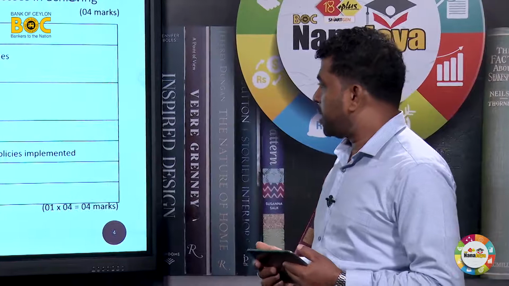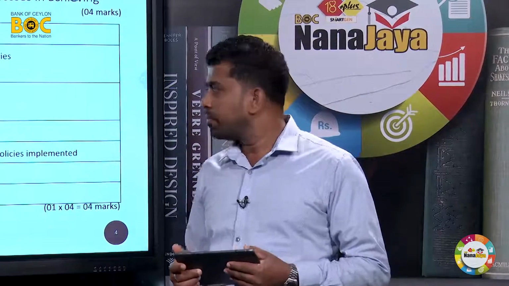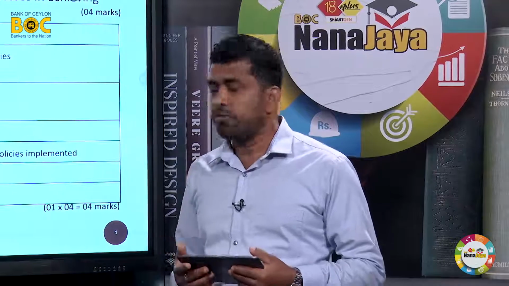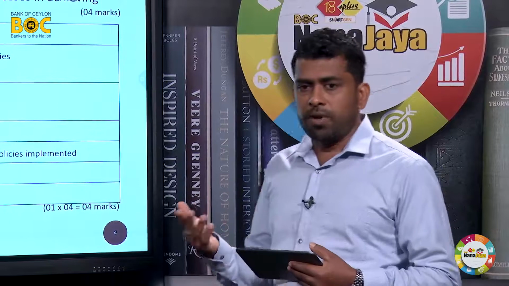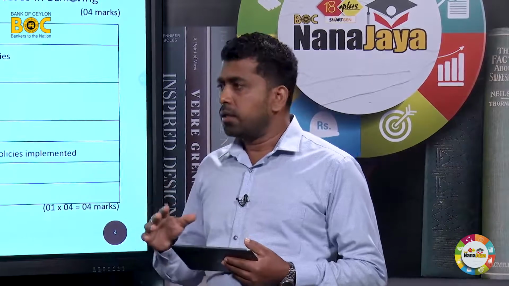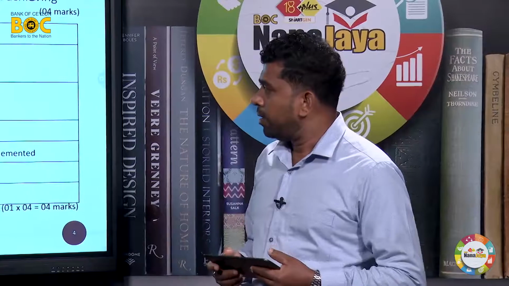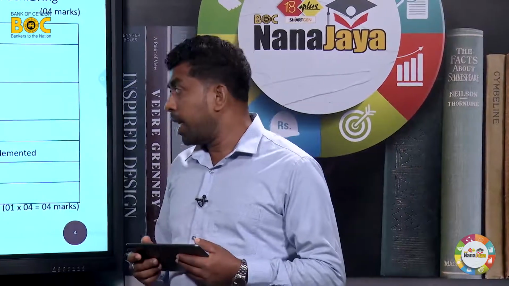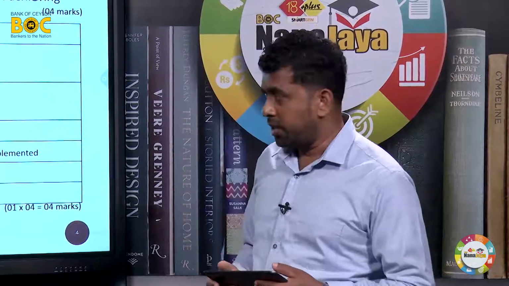By following rules, regulations and policies implemented by the government, a business can contribute to economic stability. If a business follows certified prices and the relevant policies, it helps to achieve economic stability.